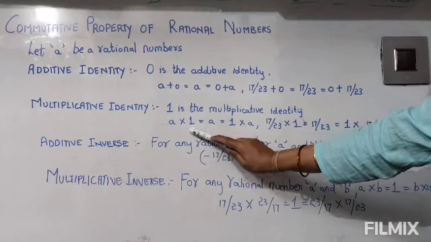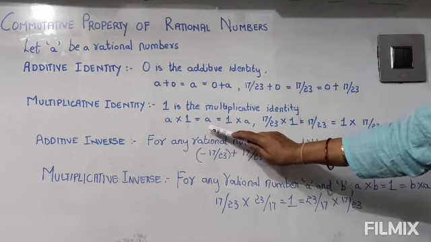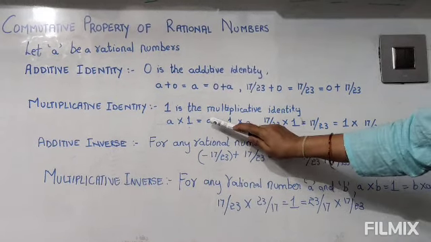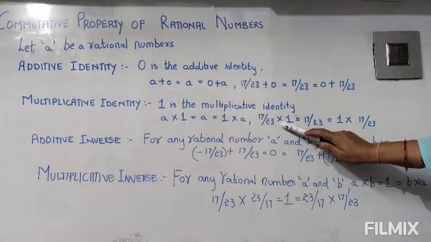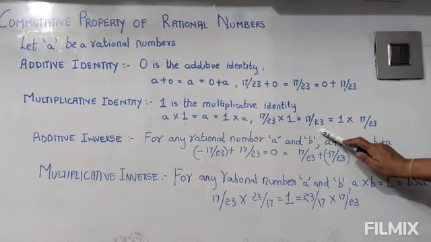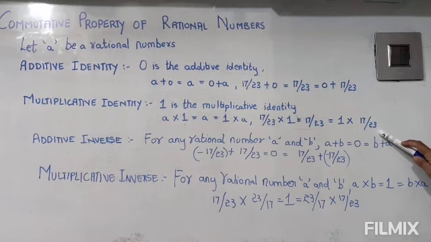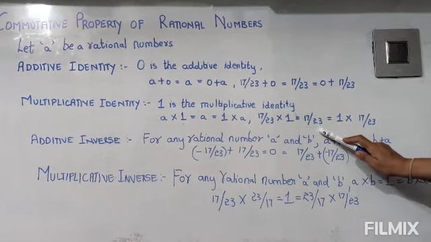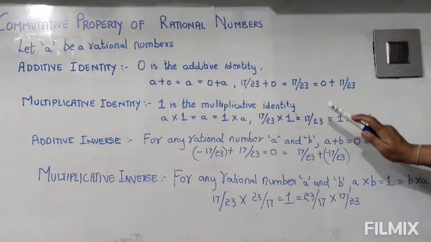A into 1 is equal to A. Any number multiplied by 1 is again the number itself, and 1 into A is A. That is 17 by 23 multiplied by 1 is equal to 17 by 23, which is equal to 1 into 17 by 23. That is A into 1 is 17 by 23, and 1 into A is 17 by 23.